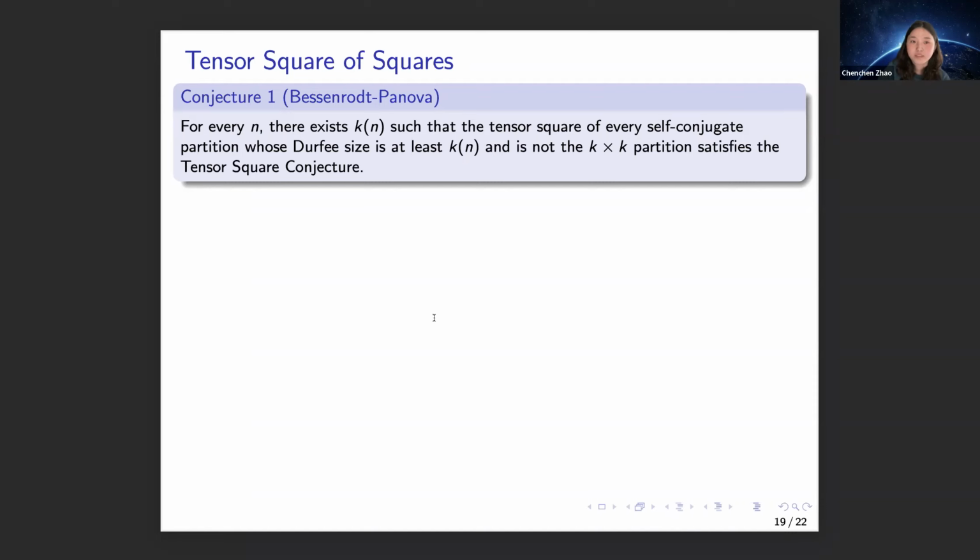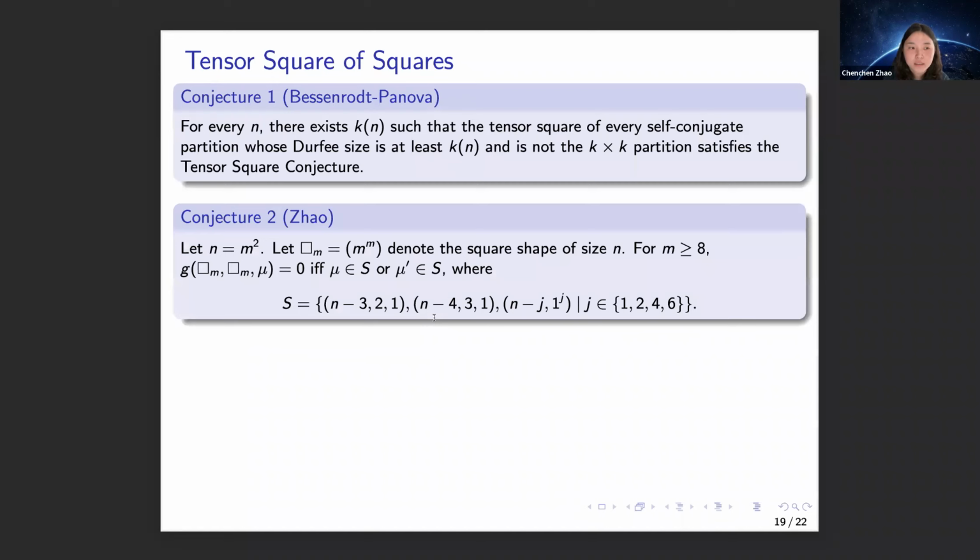So in particular, I'm looking at the tensor square of the square partitions. And it's conjectured that the tensor square of the square partitions contains almost everything except for the partitions from this set S. The set S contains two serial partitions and some hooks.